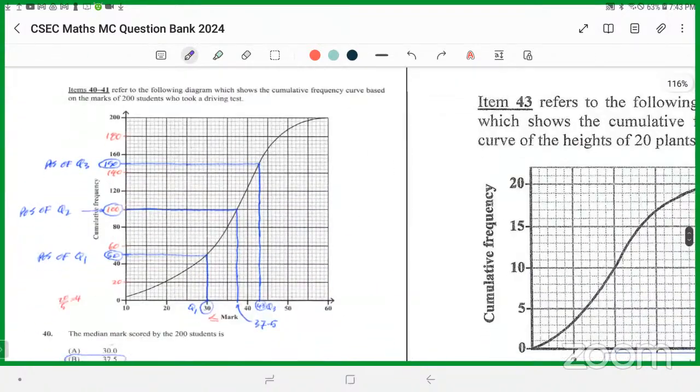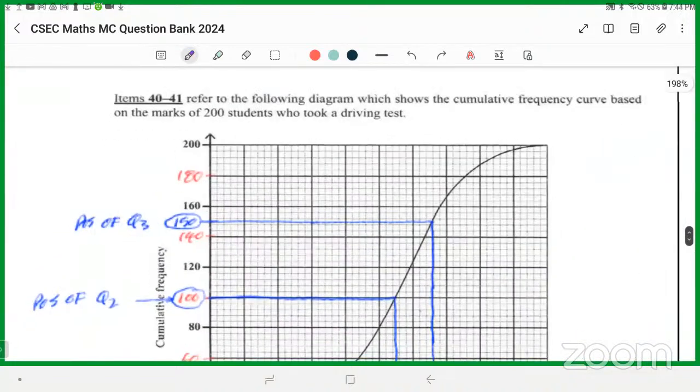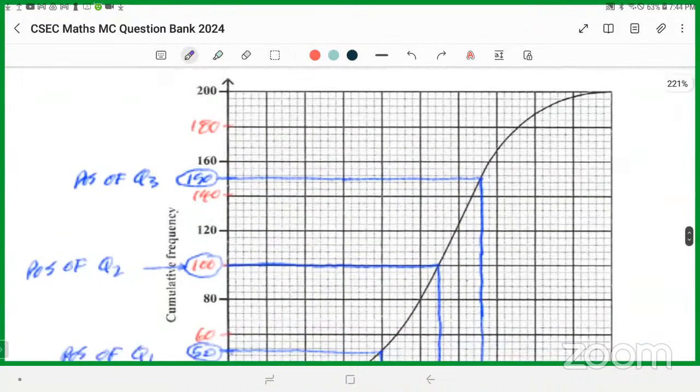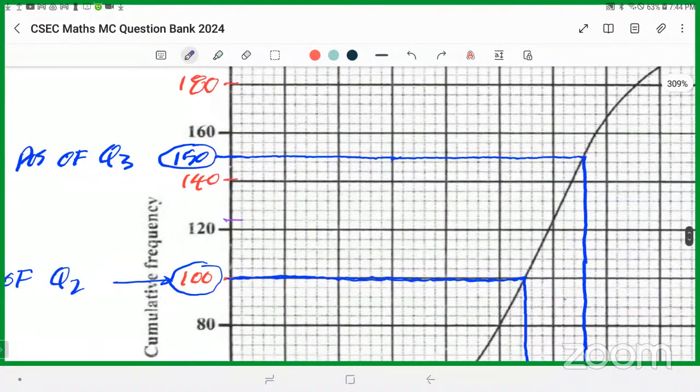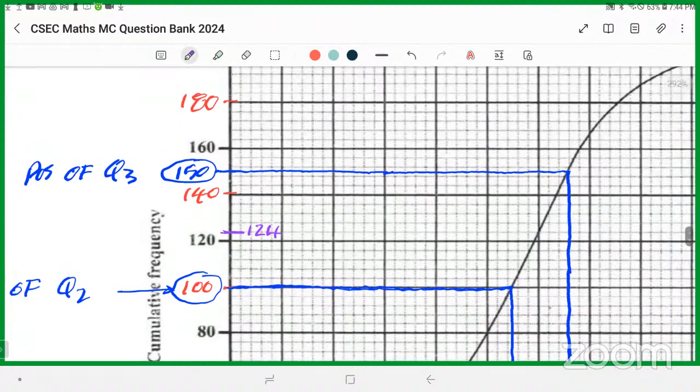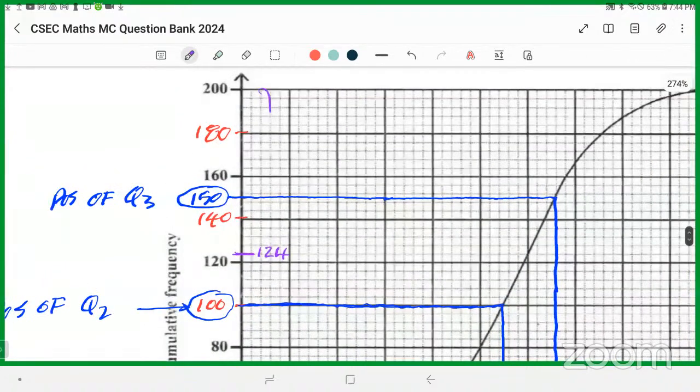Let's find 124. Where's 120? Right here's 124. Remember, each line is 4. So this is the 76 students at the top who passed the test.